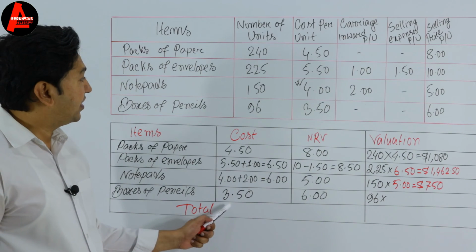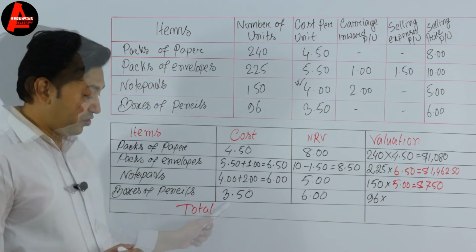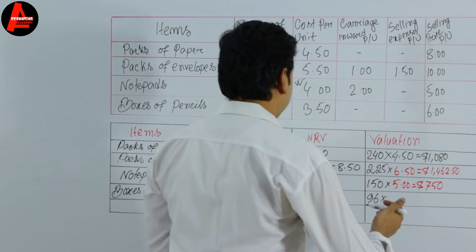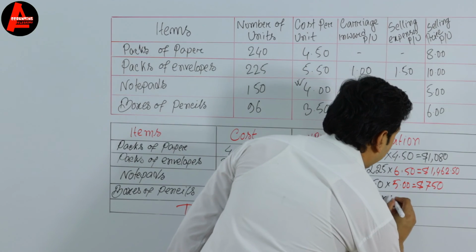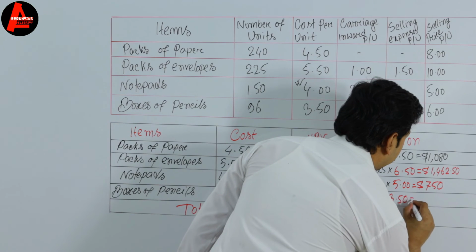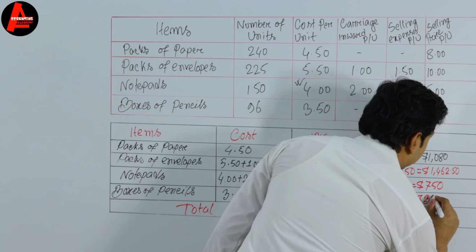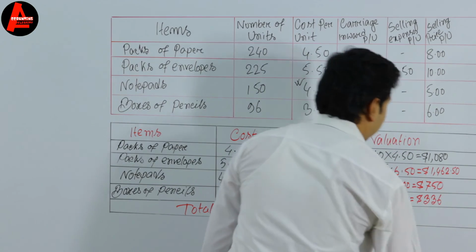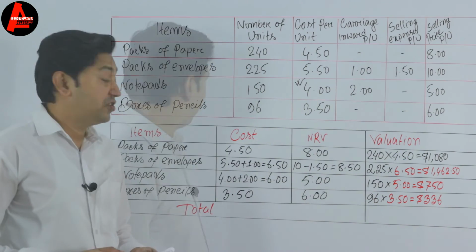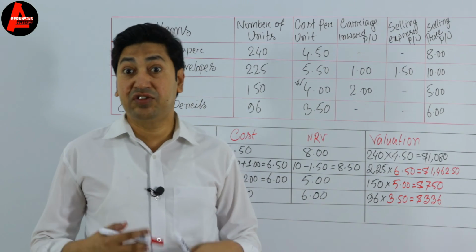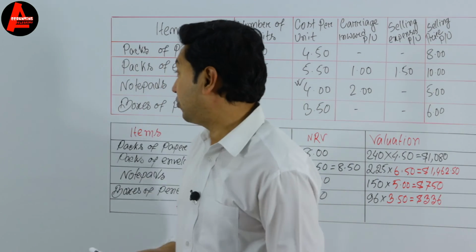Obviously cost price is lower, so we will multiply by the cost price, 3.50. If you multiply, we get $336.